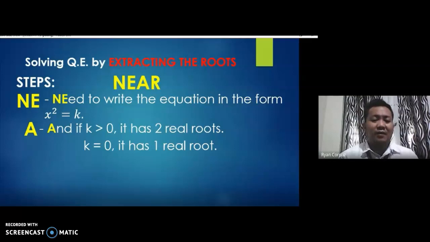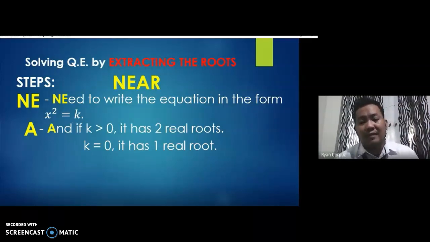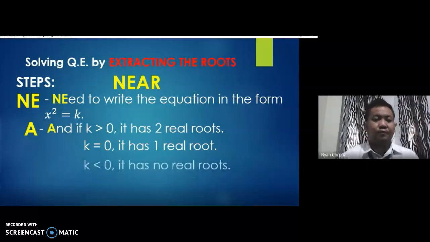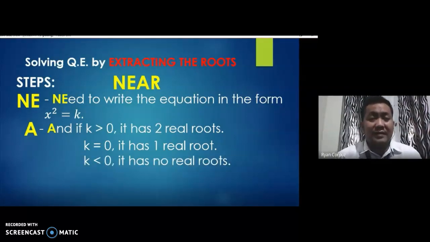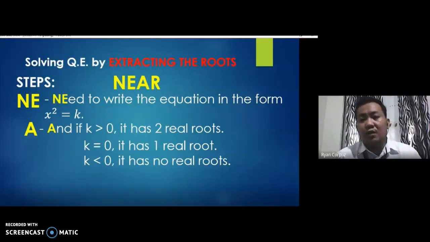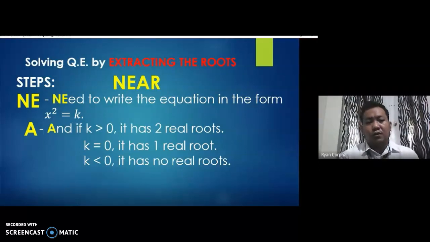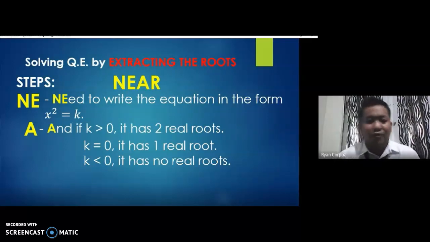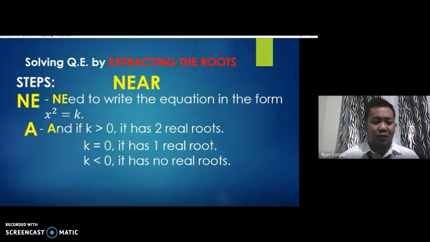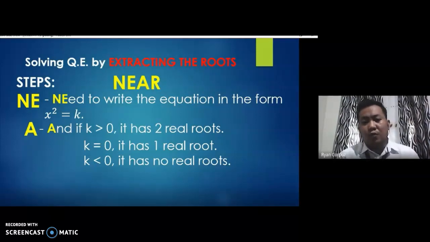So that's why if your k is equal to 0, it has one real root. Then if your k is less than 0, meaning it's negative, it has no real roots. That's an imaginary number.